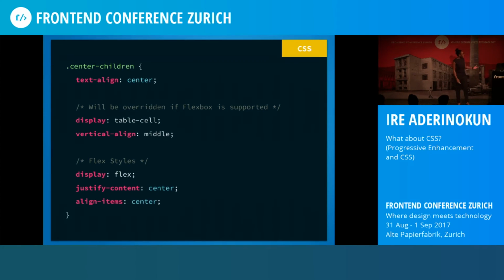But we can use Flexbox, and when we have them defined after the old method, all those other methods will actually be overridden. So it's not like they're going to be interfering with the new styles. The way Flexbox and CSS Grid are designed, you can use them in the same rules as the old ones, and they're not going to interfere or cause any issues there.